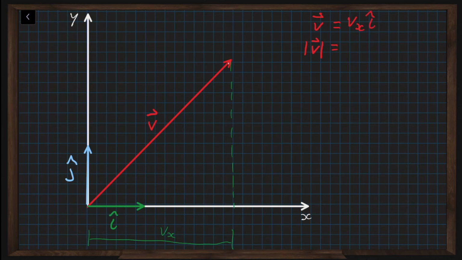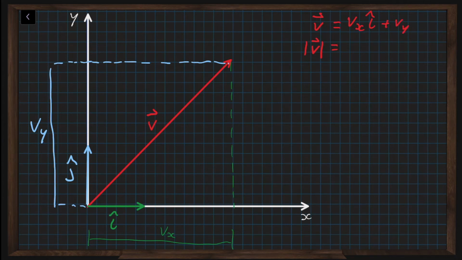And we can do the same to describe how far we are moving along the y direction. And this is Vy. And we express that by adding the y component and multiplying that by j hat. So this is saying that I have moved a number of units along x, and I have moved another number of units along y.